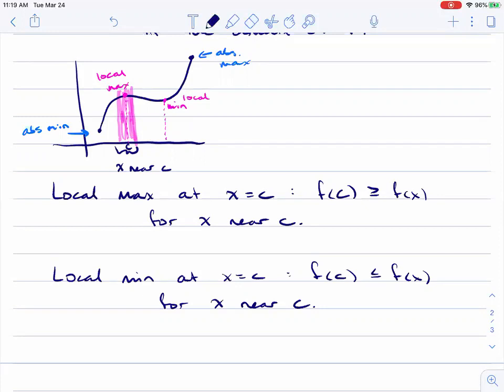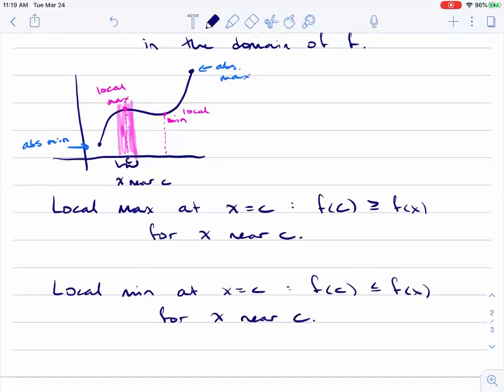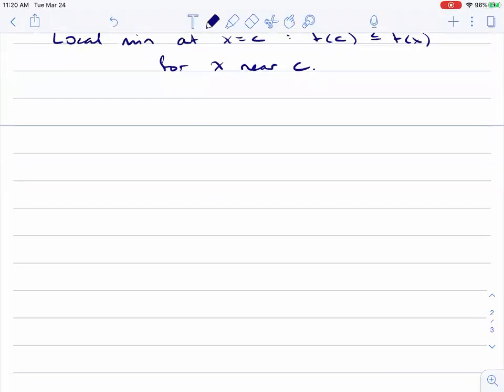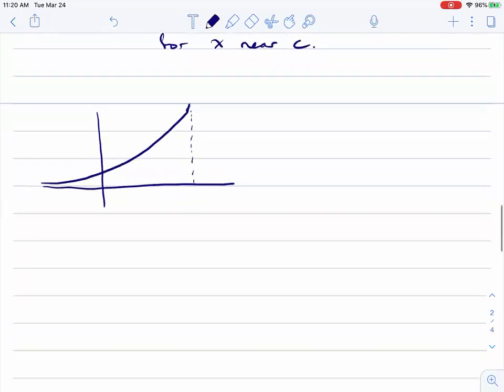So there are some other situations that we keep an eye out for. There are situations where we don't have an absolute max or an absolute min. One situation might be a graph that looks like this. Maybe we have some sort of vertical asymptote, and maybe here we have some horizontal asymptote.